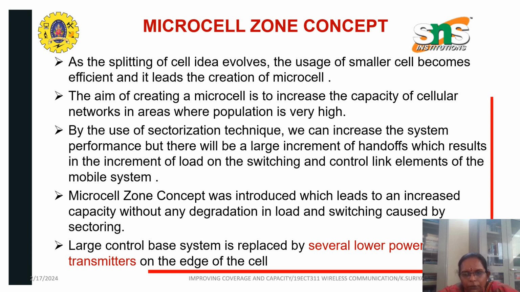The microcell zone concept leads to an increased capacity without any degradation in the load and switching caused by the set train. So the large control based system is replaced by several low power transmitters on the edge of the cell.